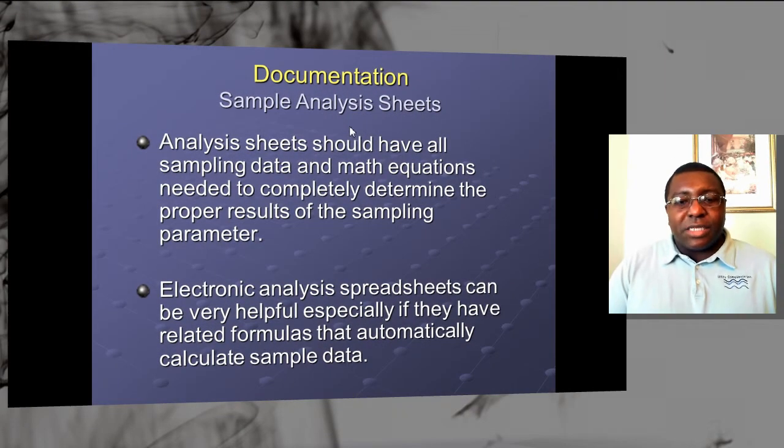Your analysis sheet, you should have all the sampling data. It's good to have your math equations so you don't have to look around to figure out, okay, if it's a total suspended solids test and you need to write down the dry weight and then the tare weight and then do that equation to get your actual concentration. It's good to have that all there on your analysis sheet.